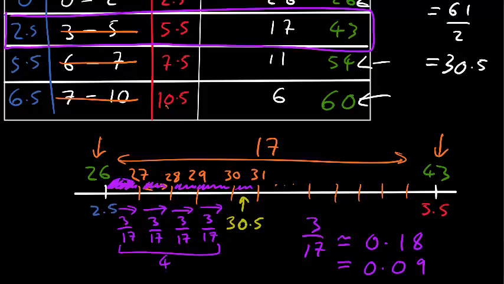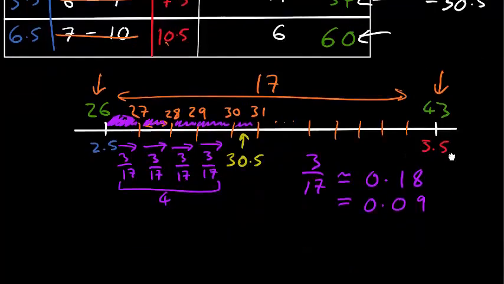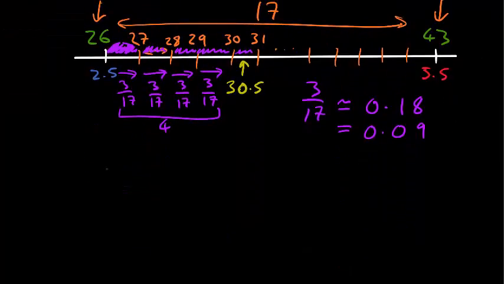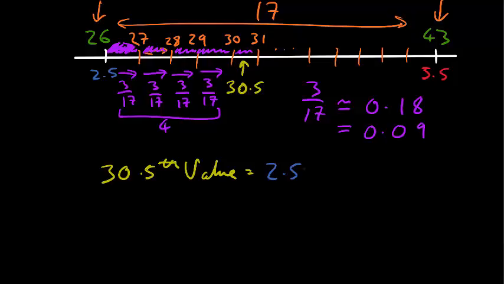So my 30.5th value is going to be equal to 2.5, that's where I start. I then move 4 intervals of 3/17, so 4 times 3/17, which is 3/17 plus 3/17 plus 3/17 plus 3/17.